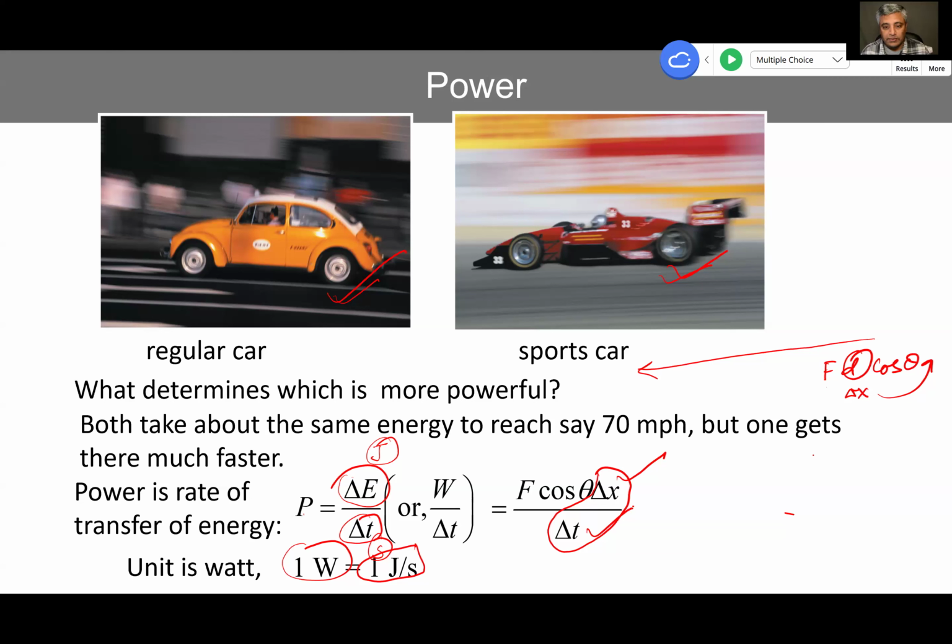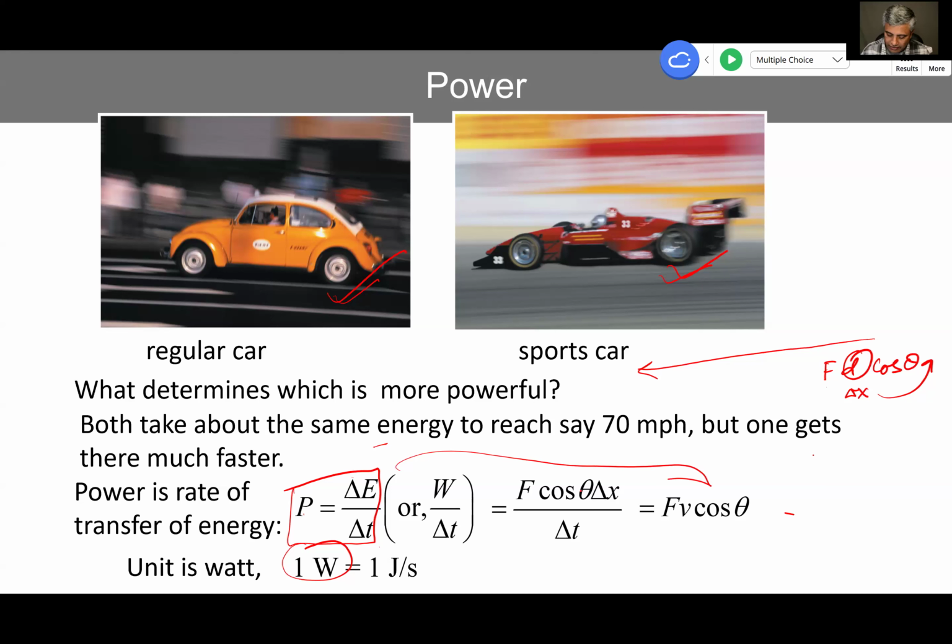And we learned that displacement divided by time interval is average velocity. So we can also write this equation something like this. But the basic formula for power is this. We are deriving this from that, either this or that, depending on what we know or what we want. Okay. So that's the power, folks.